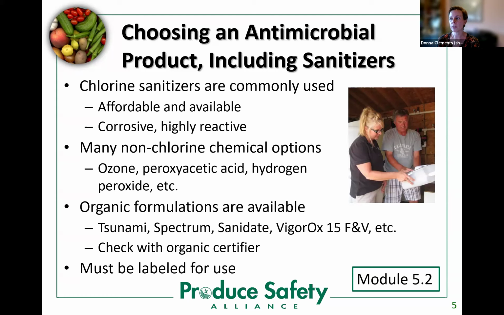And that's where the PSA sanitizer tool came about way back in 2017 in its original form. And that's really one of the big uses for the tool, helping highlight options that growers might have for sanitizers that fit their specific needs.